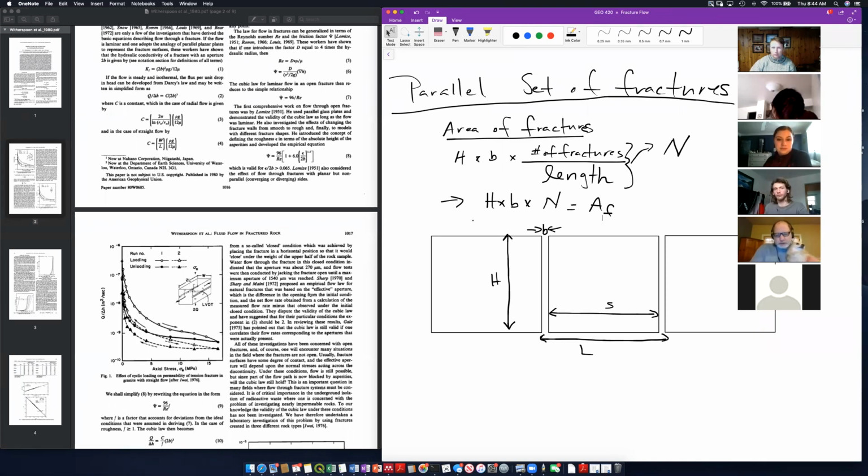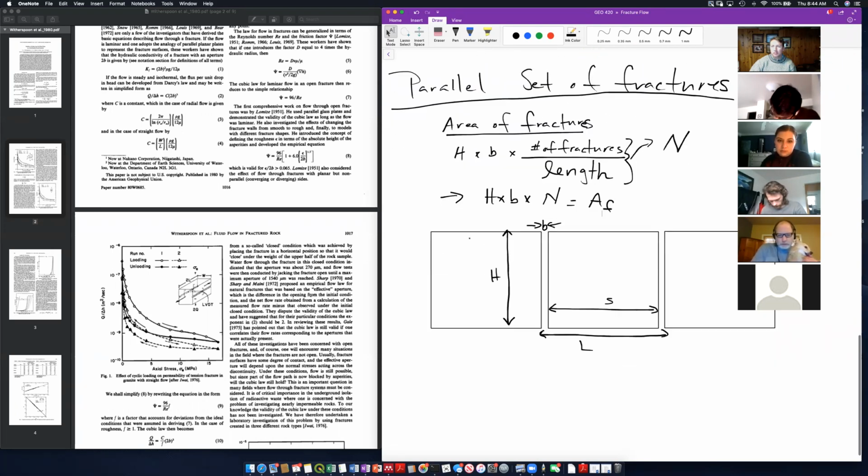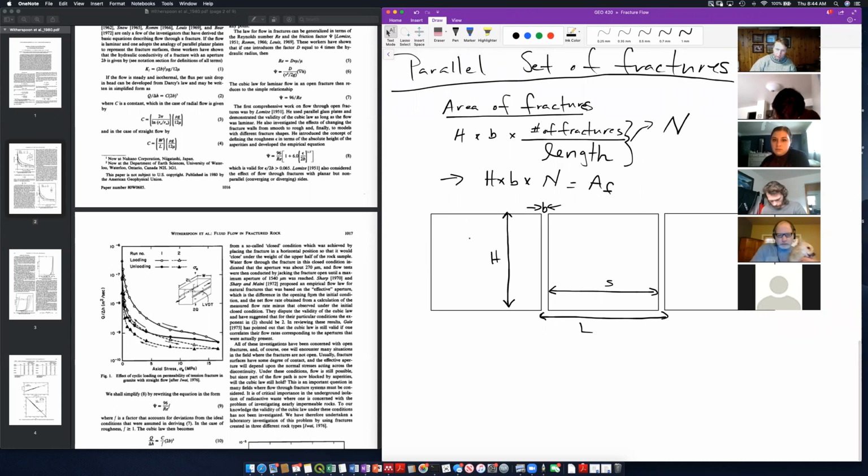So is that only if all the fractures are the same size though? Yep. Parallel sets of uniform fractures. That's what we're going to turn the world into. Okay.